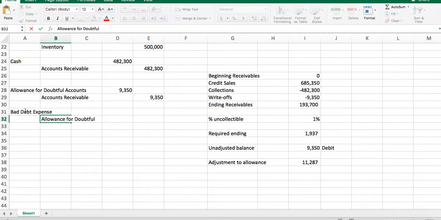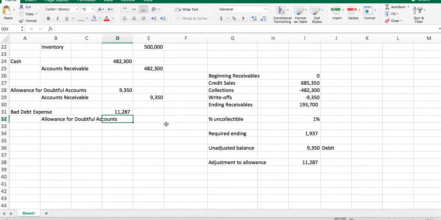Remember, the allowance has a credit balance. And we can just cell reference this so that if we had to recalculate, we would have the number available. Just good practice. So that's how we would do that for 7-4B for 2014.